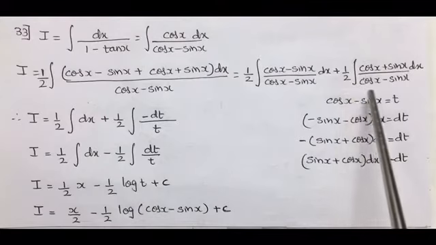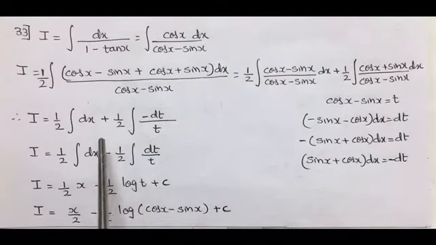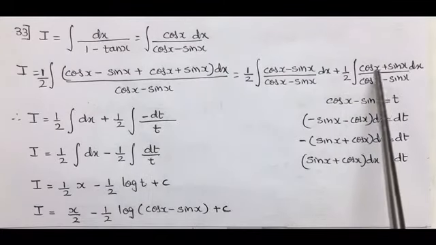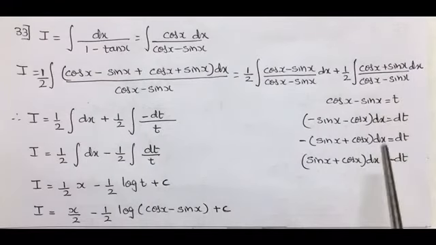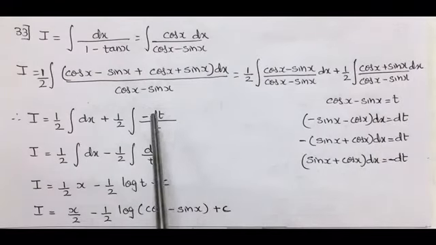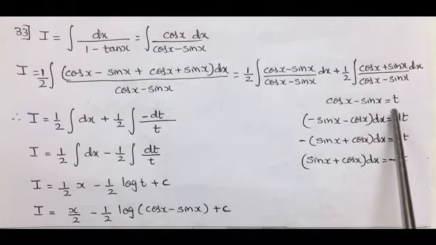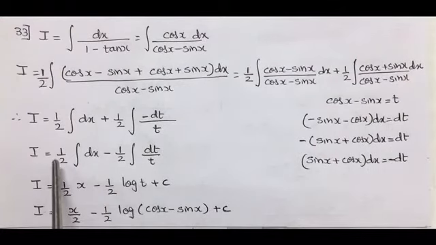So in this second part, substituting the value of cos x plus sin x dx as minus dt and cos x minus sin x as t, we get half integration dx minus half integration dt by t. Now integration of 1 is x, so I is equal to x by 2 minus half, 1 upon t is log t plus c.